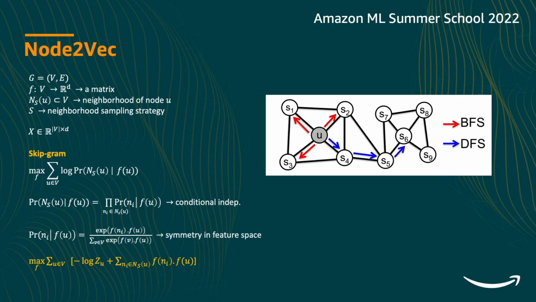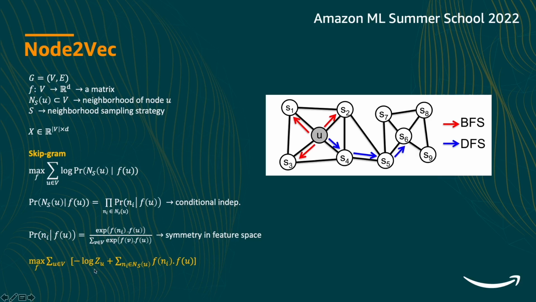And then we also make this symmetry assumption where we encode both the source and the target vertices using the same function. Given these two assumptions, we can formulate our objective function like that. So this is our regular skip-gram objective function, and it can be easily optimized using some stochastic gradient descent approach.